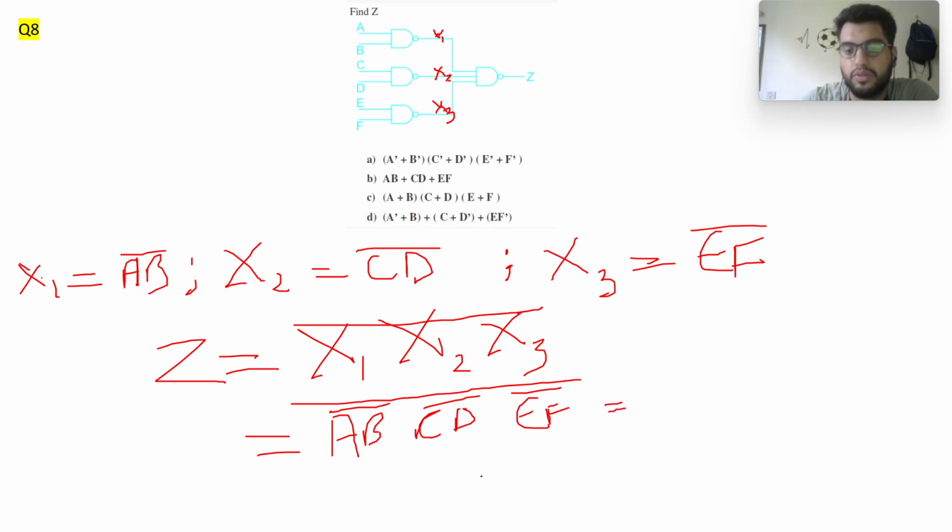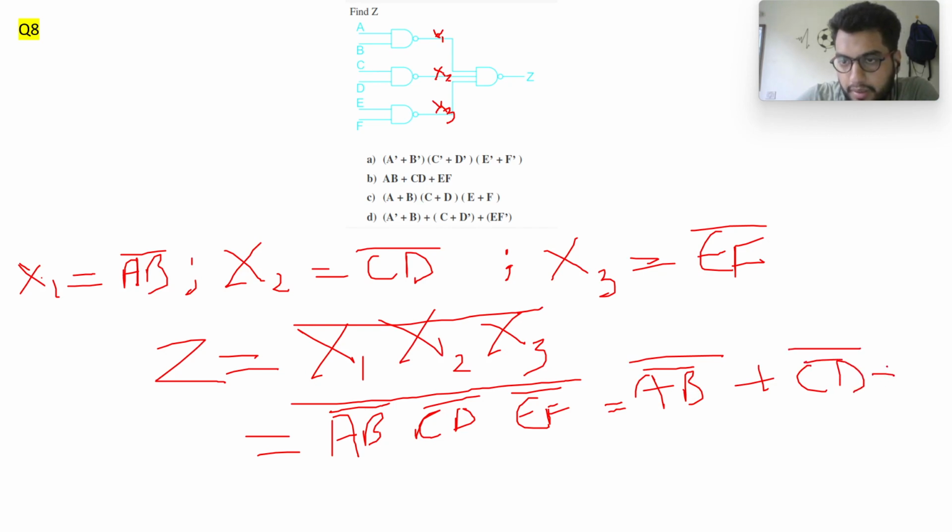Now what we'll do, we'll use De Morgan's law. We know that A, B, C whole complement is equal to A complement plus B complement plus C complement. So we have A, B complement, then whole complement plus C, D complement, whole complement plus E, F complement, whole complement.